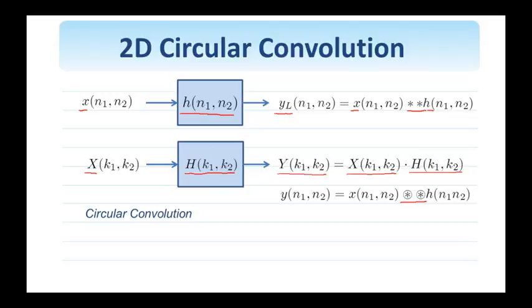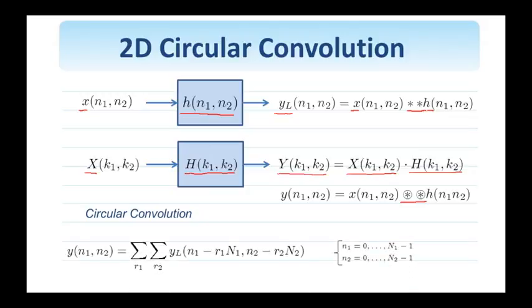Another way to think of the circular convolution, maybe a more useful way, is through the linear convolution as shown by this expression. According to this, I first find the linear convolution y_L of X with H, and then I periodically extend it with periods N1 and N2, where r1, r2 range from minus infinity to infinity.